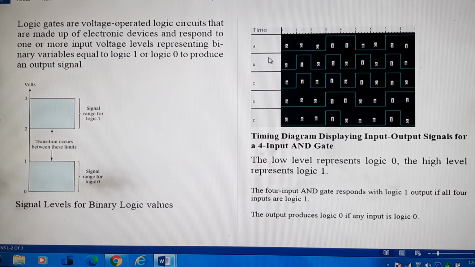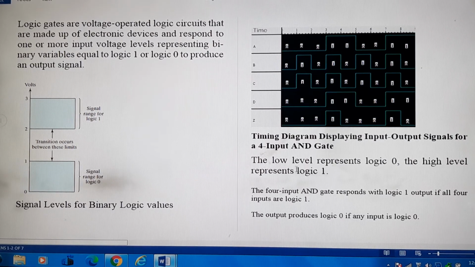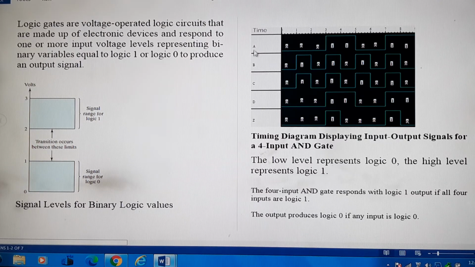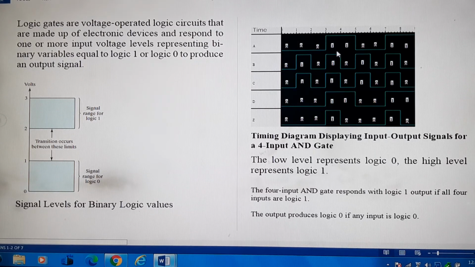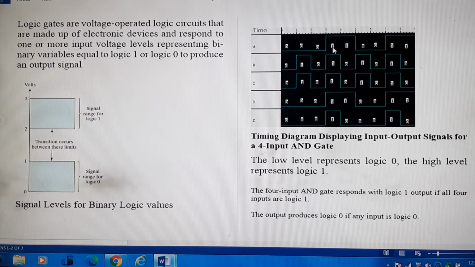So as you can see, if you have a 4 input AND gate, the output of the AND gate is 0 if any input among all these 4 inputs A, B, C, D is 0. When all the inputs are 1, as is the case here, A is 1, B is 1, C is 1, D is 1, only then the output is 1. When all the 4 inputs are logic 1, the output is logic 1.